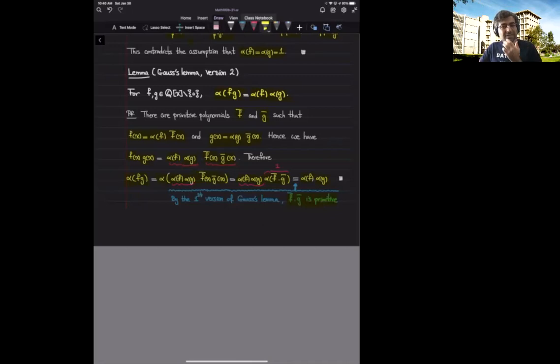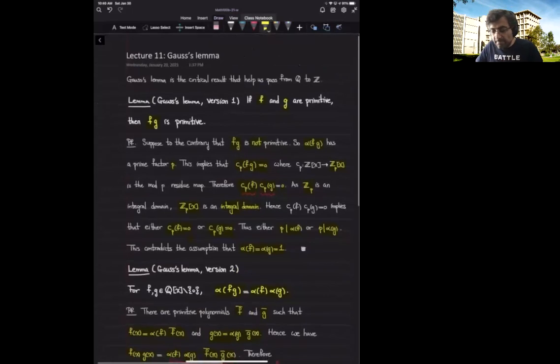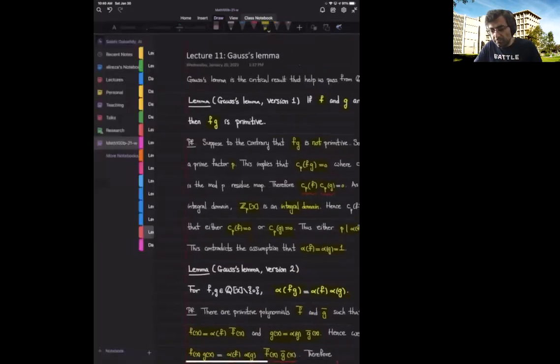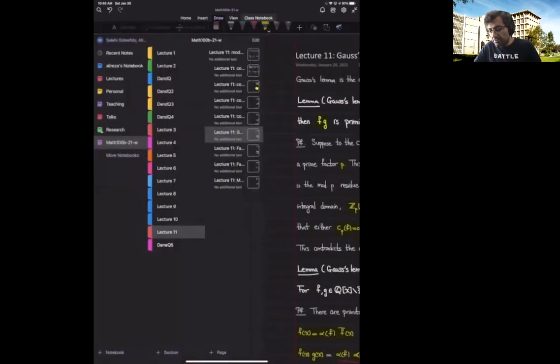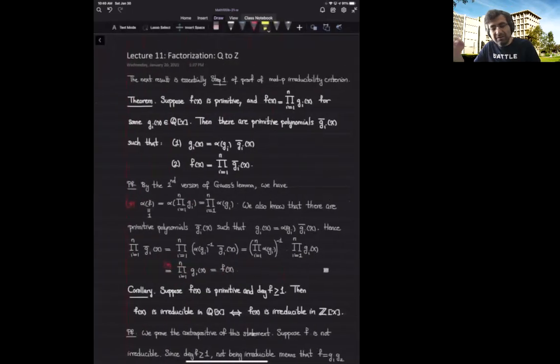Okay, but what does it have to do with irreducibility? So this is the key point. This helps us to go from the ring of polynomials with coefficients in Q to the ring of polynomials with coefficients in Z. What do I mean by that?